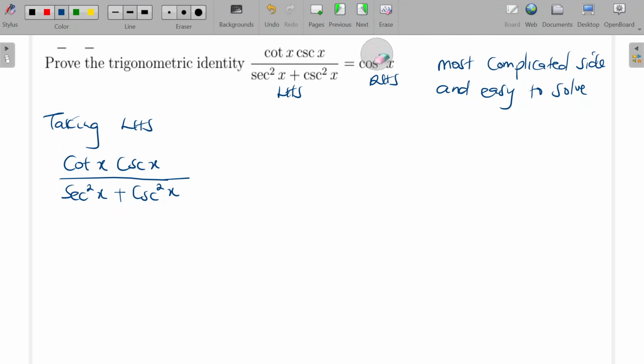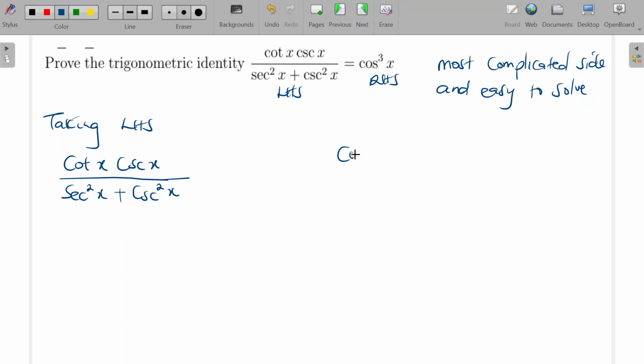Having taken the left hand side, my goal is now to go to this side. You need to understand that cot, cosec, and sec are reciprocals of trigonometric functions.